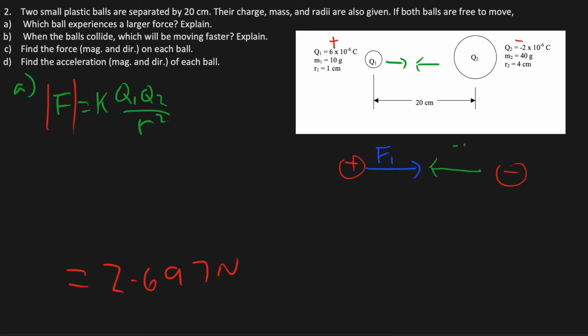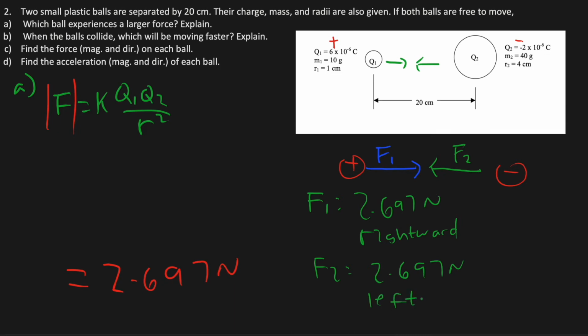So for F1, the magnitude is 2.697 Newton and the direction is rightward. And for F2, the magnitude of the force is also 2.697 Newton, but the direction is leftward. So this is the answer for part C.